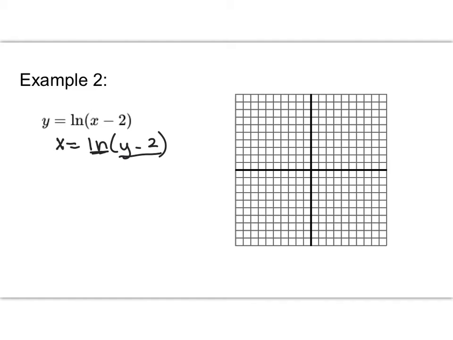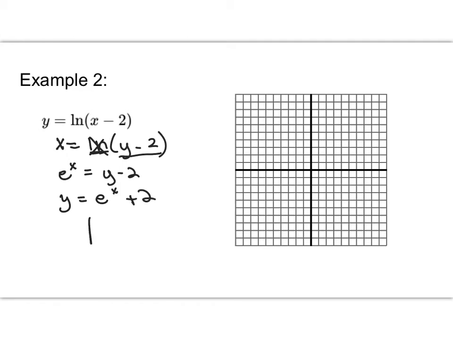The inverse of a natural log is an exponential with a base of e. So if I give both sides an exponential base of e, that's going to get rid of this. So e to the x equals y minus 2. That means that y is equal to e to the x plus 2.